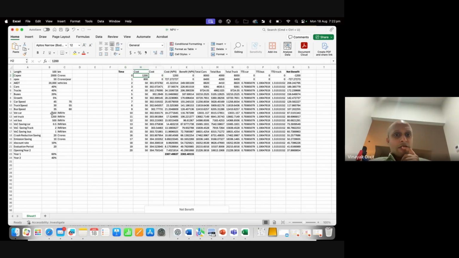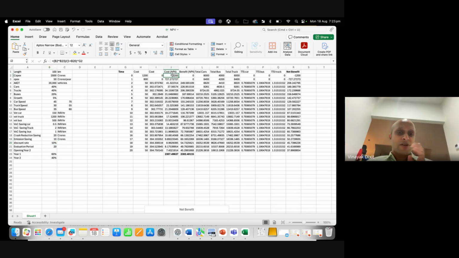The first year, because only 60% of it is taken care of, the cost is 1,200. So 60% of 2,000 crores is 1,200 crores. The next year, it is 800 crores. Now, the main thing to remember is we are also looking at it from a net present value perspective, so there is a 10% discount rate.